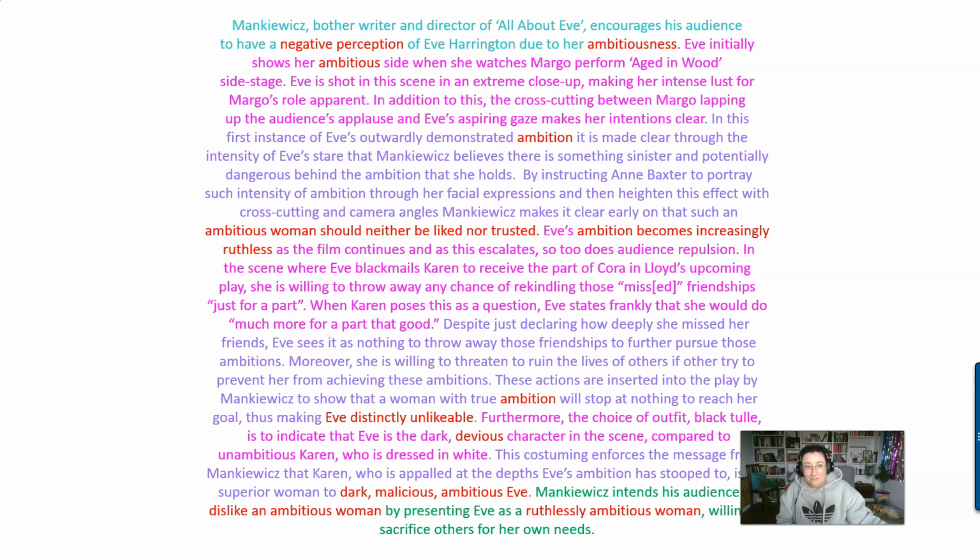Any monkey can vomit back up a quote, but can you tell me what it means, okay? So make sure that you are giving enough time to your explanations, okay? And if that means that you have to write in color code, so be it, okay? You don't have to, but if it helps, do it.